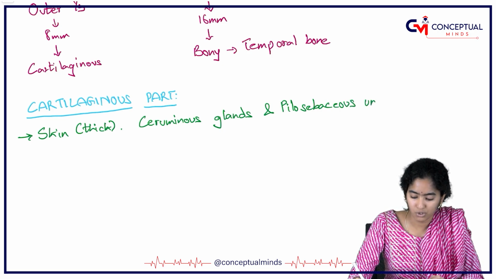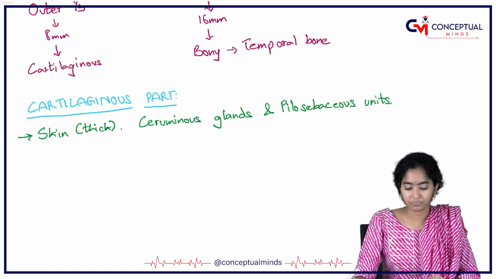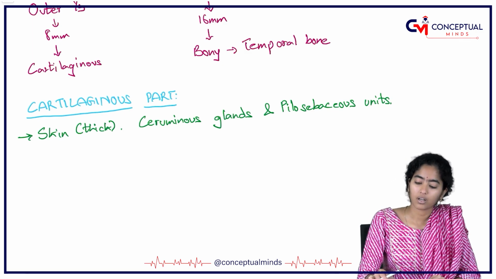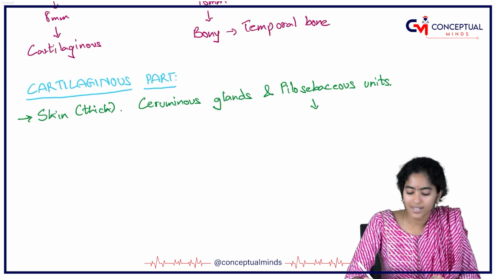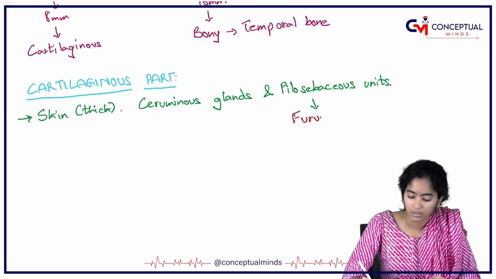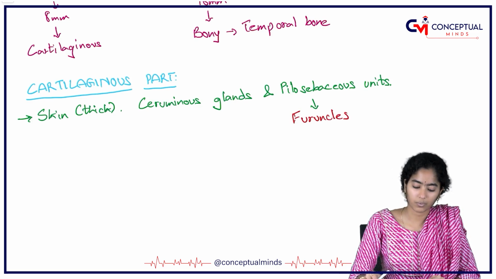What are pilosebaceous units? Hair follicle along with a sebaceous gland. These are all present in the outer cartilaginous part. Because of the pilosebaceous unit, furuncles are possible in the cartilaginous part.